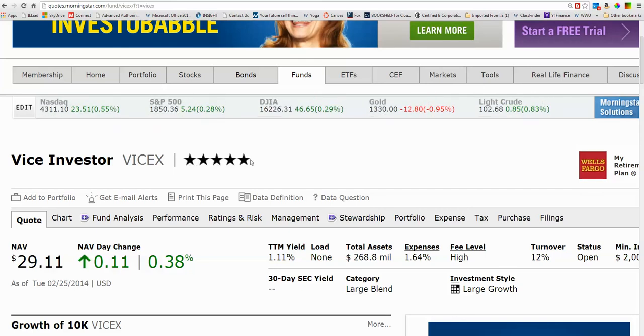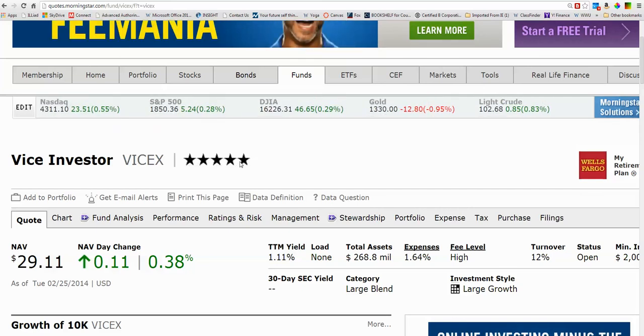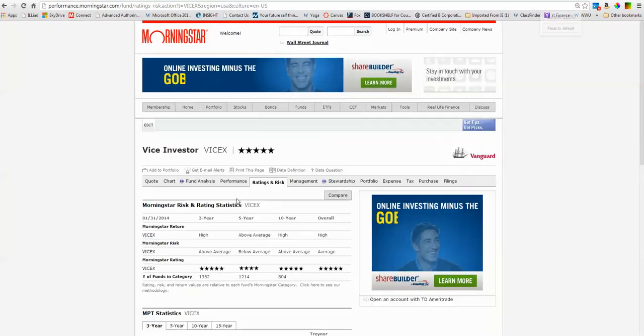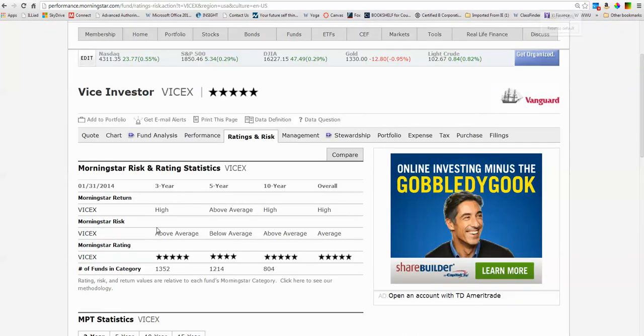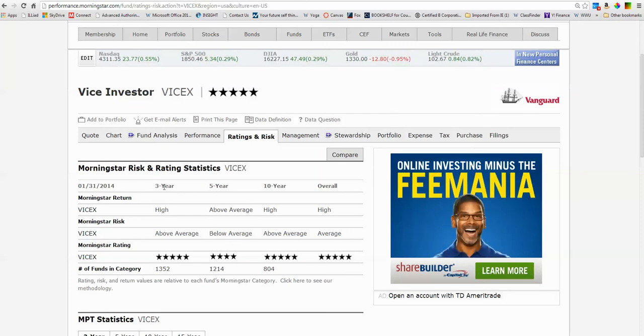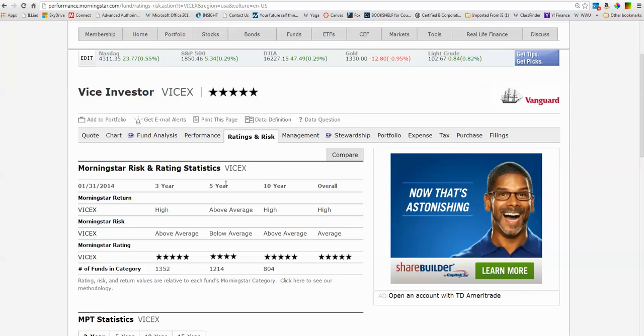It gives them stars, and the best rating that you can receive is a 5-star rating. So if I go to ratings and risk, they rate them over different time periods. So over the past 3 years, this fund has gotten a 5-star rating, but for a slightly longer time period, 5 years, it's gotten only a 4-star rating, but a 5-star 10-year rating and a 5-star overall rating.